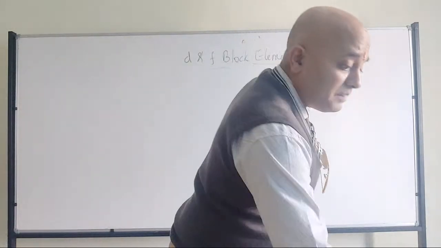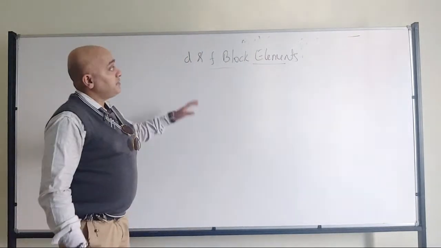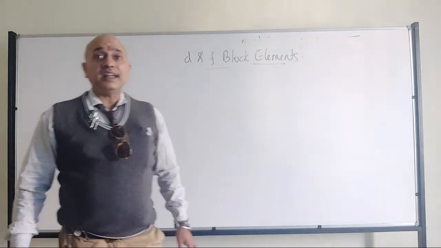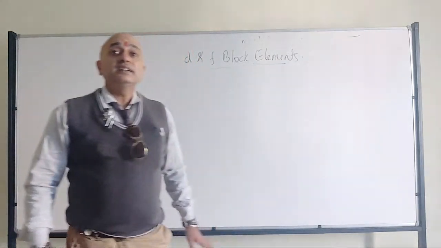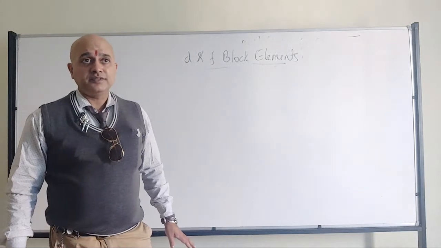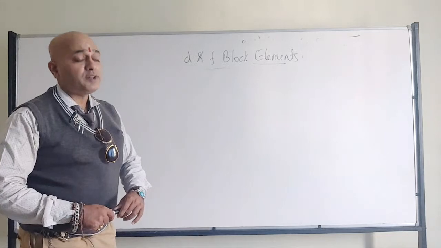Then remember the general electronic configuration. We have already discussed lanthanide contraction, in the transition elements itself. Fine. So these are some of the points related to the 4F series.